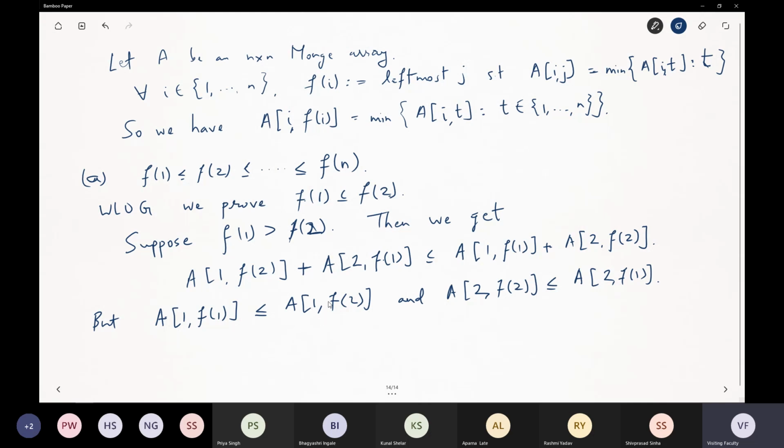But then this inequality is getting reversed here. You see, you have the left hand side term greater than or equal to the right hand side term correspondingly. But the inequality here is less than or equal.